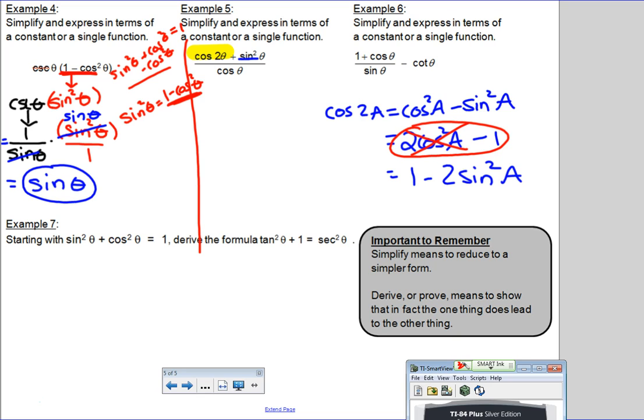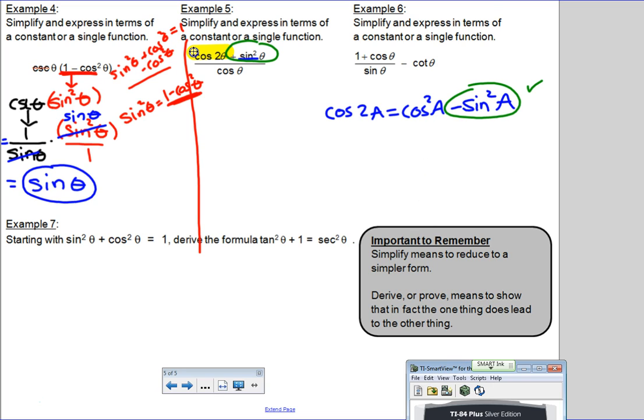Now, of the 2 formulas we have left, which one is the best? Well, again, because I have a single sine squared, and this has a single sine squared in it, this one would probably be the better one, although this one would have worked also. So I'm going to go with formula number 1, and I'm going to use that one instead.